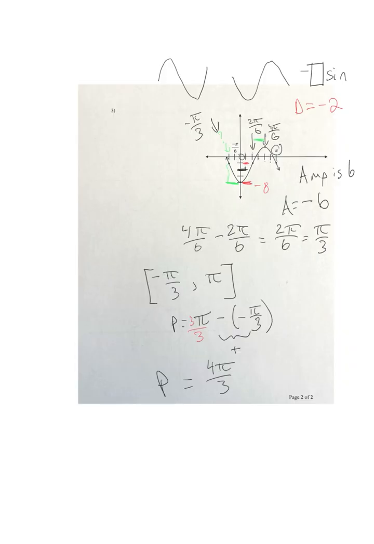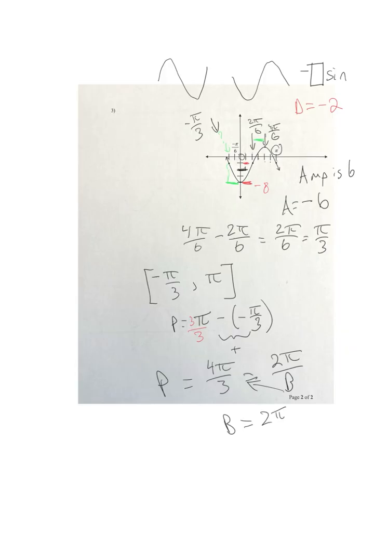And remember, we use the period then to find the b coefficient. So that period is equal to 2 pi over b. So to get everything solved over to be b equals, you got to multiply both sides by the reciprocal. So the b goes to the other side, and then the 4/3 pi gets flipped when you multiply by the reciprocal.